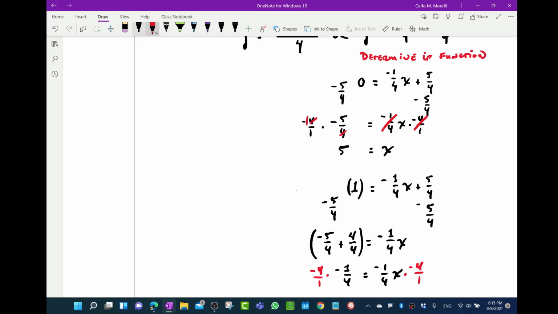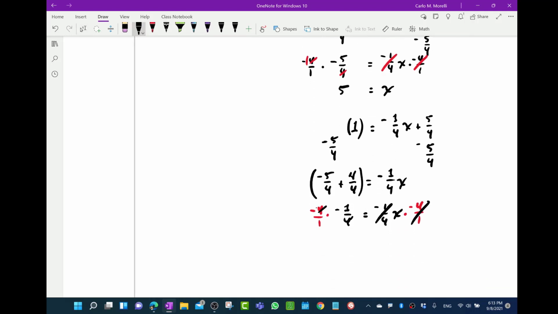And you're going to notice that these 4's cancel, and you're left behind with a negative 1 times a negative 1, which is just 1. So 1 equals x. And what we're observing here is that I'm not getting the same x value, right? The x value doesn't appear to be repeating. Now this could go on forever, right? We could just keep trying values.